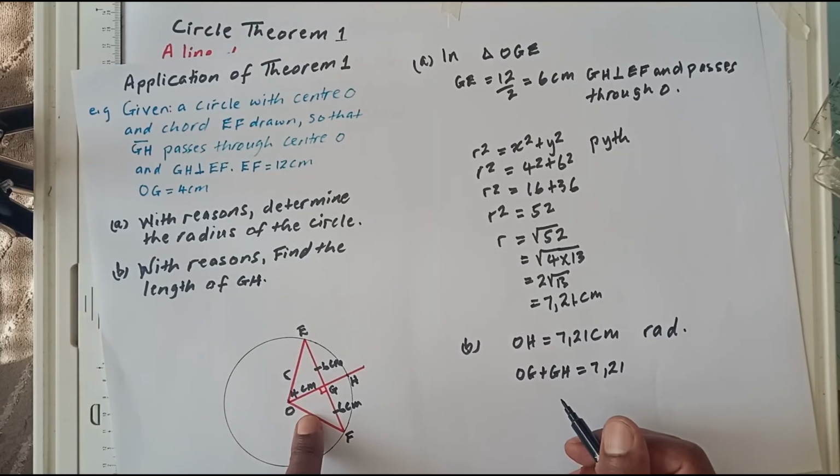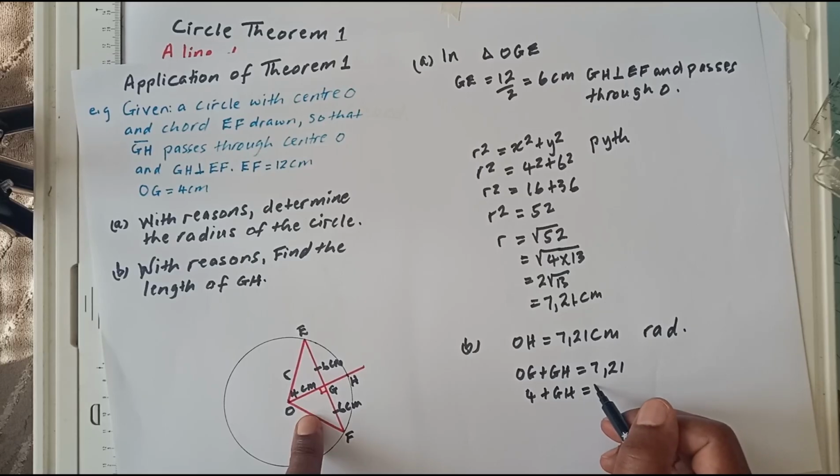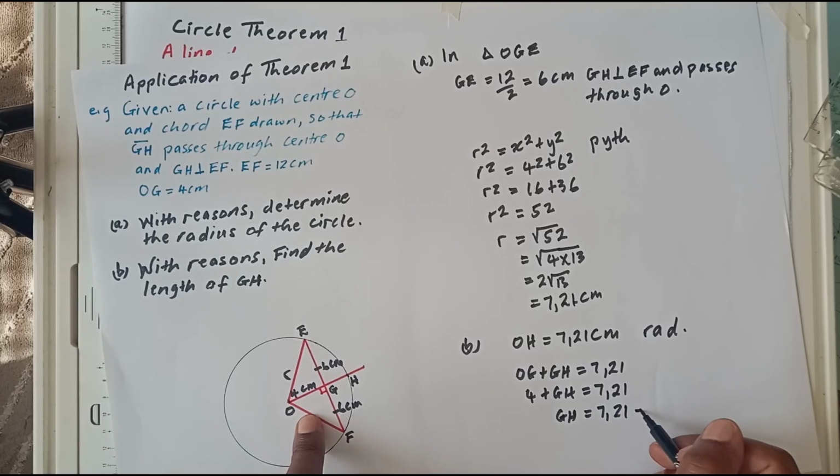But we know OG, which is 4. We don't know GH. So GH is equal to 7.21 minus 4, which is equal to 3.21 centimeters.